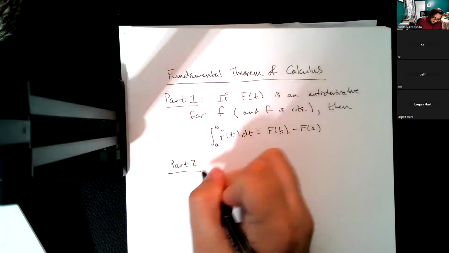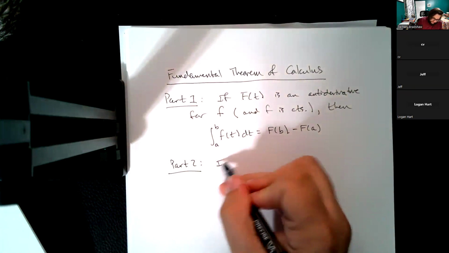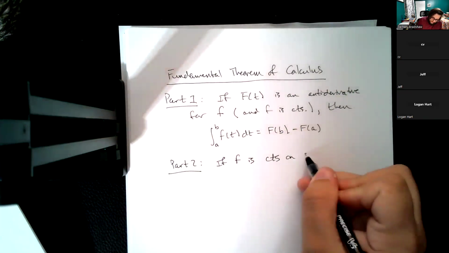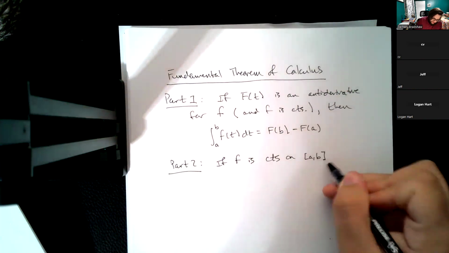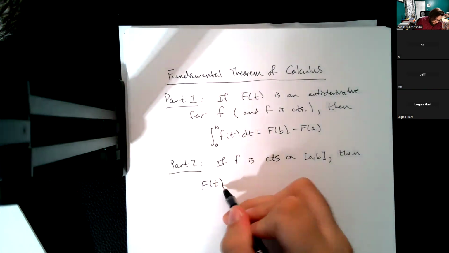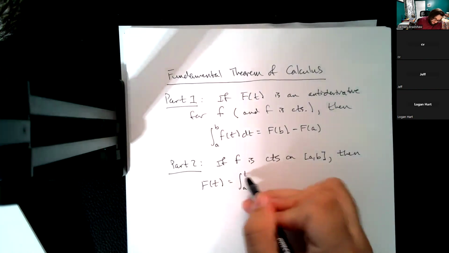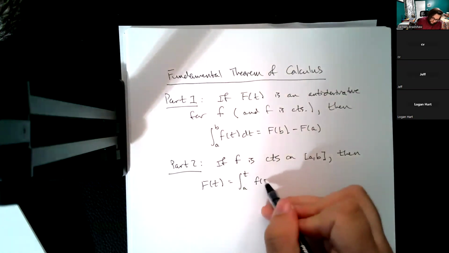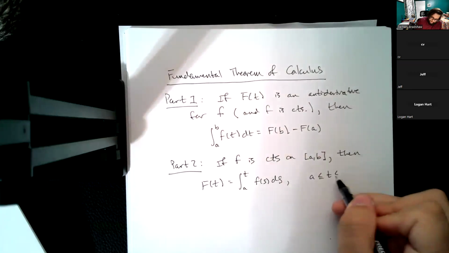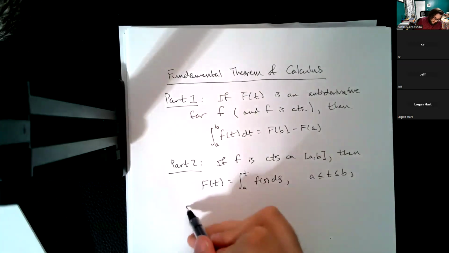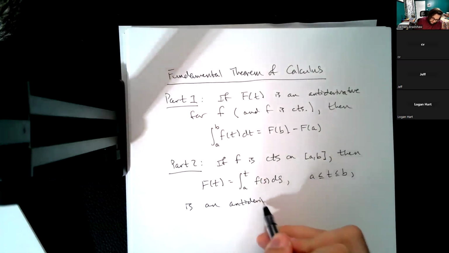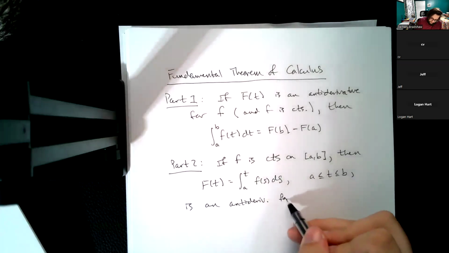And there's a second part that tells us that if f is continuous on [a, b], then capital F, defined as the integral from a to t of f of s ds, where t is between a and b, is an antiderivative for f of t.